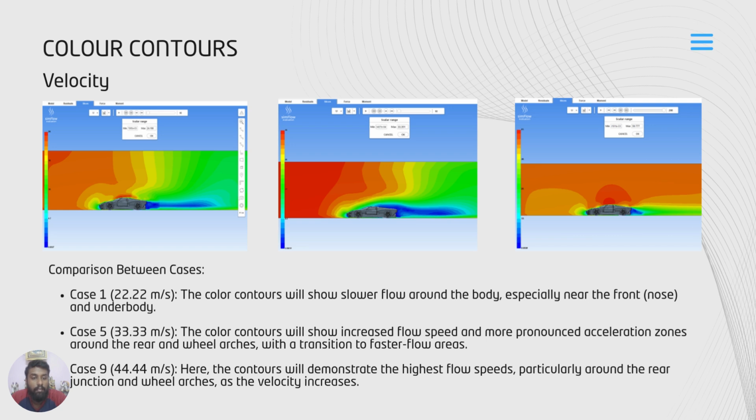In case 5, 33.33 meters per second, the color contours show increased flow speed and more pronounced acceleration zones around the rear wheel and wheel arch, with a transition to faster flow areas. And in case 9, 44.44 meters per second, the contours demonstrate the highest flow speeds, particularly around the rear junction and wheel arch as the velocity increases.